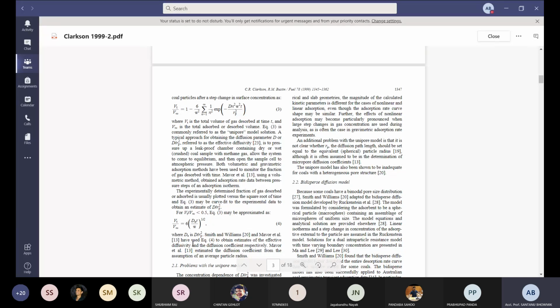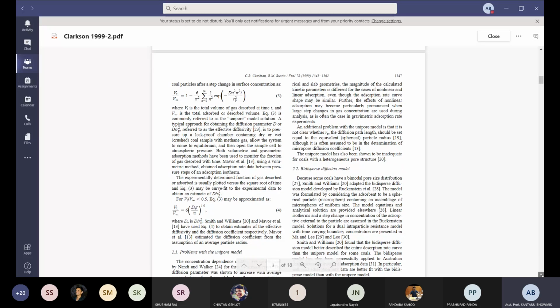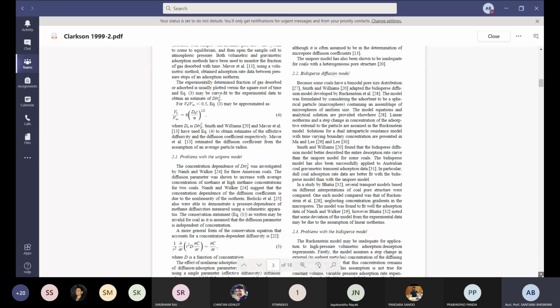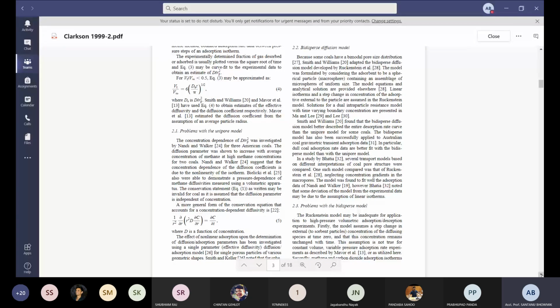After that it is going to deviate. The problem is that after that it deviates. If you see the unipole model, you will see that after some time it deviates from the exponential model. So obviously there are some problems with the unipole model, because the concentration dependence is going to increase.